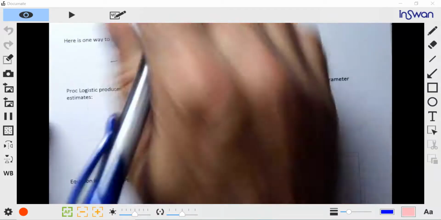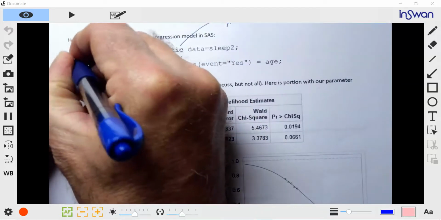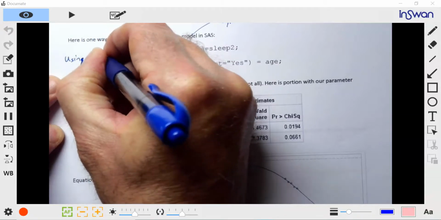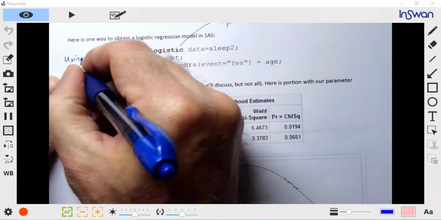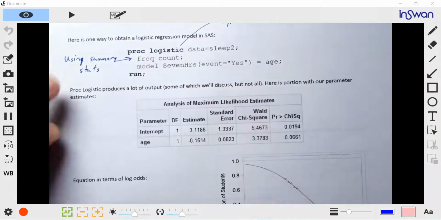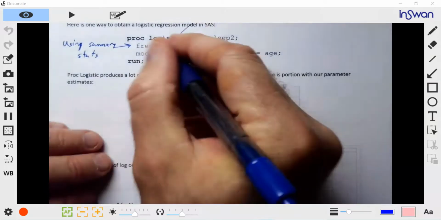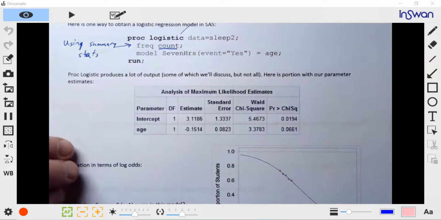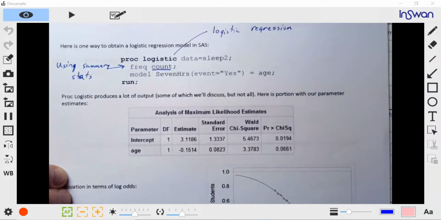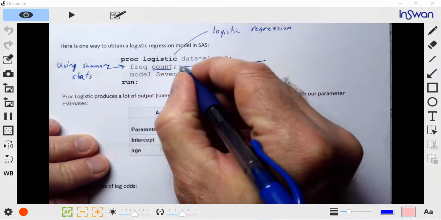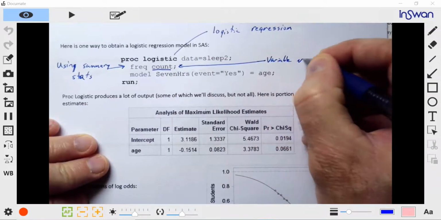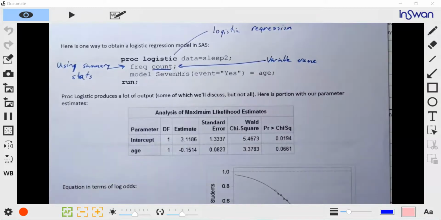So this freq count says we're using summary stats here. We're using the counts, and this is our variable name that we've defined, count. That's our variable name in our data set.